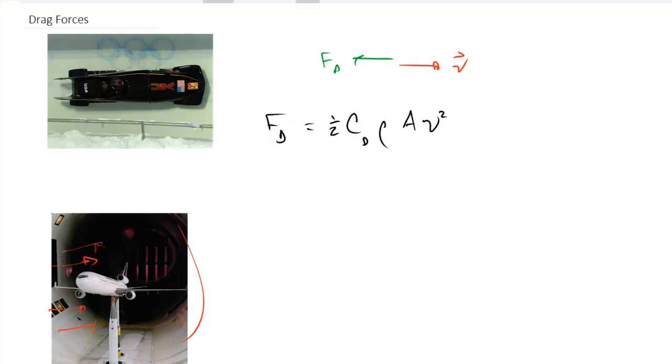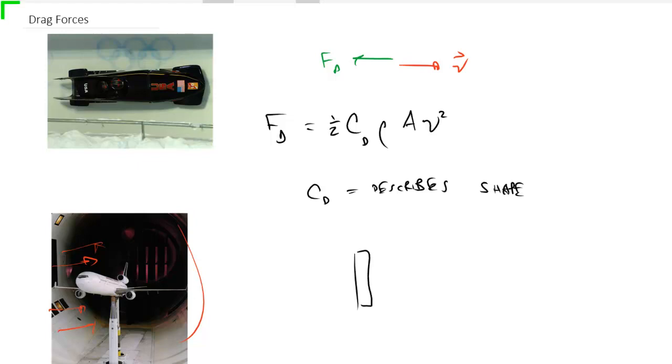The drag coefficient, C_D, is a function of the shape of the object. So it describes the shape. When air flows over an object, there's a couple ways in which it could flow around it.